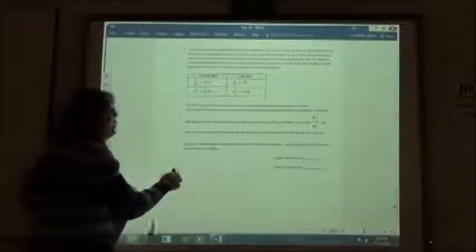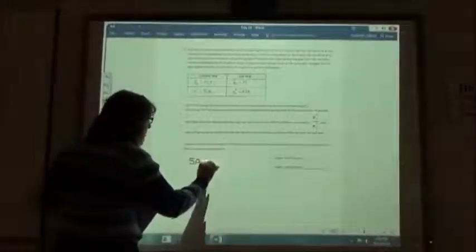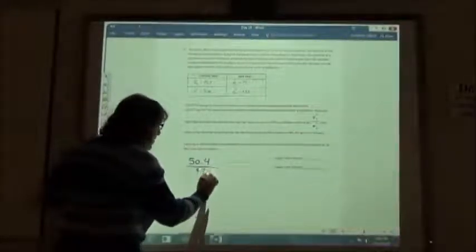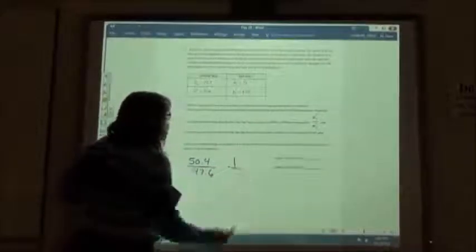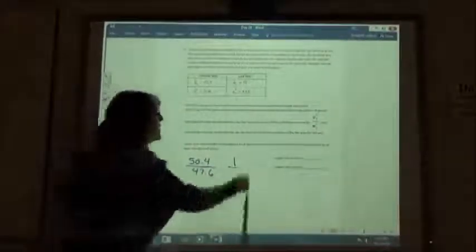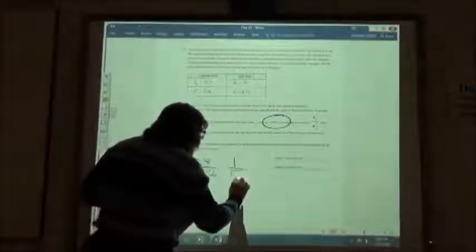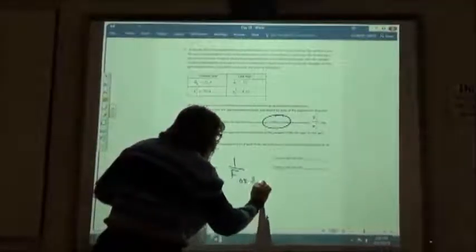And so we're just going to plug those into our formula. Again, they already squared them for us. So we have 50.4 over 47.6 times 1 over, are we doing 90%? Yep, we're doing 90% on all of these. So F sub 0.05.